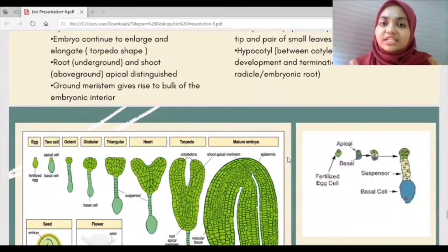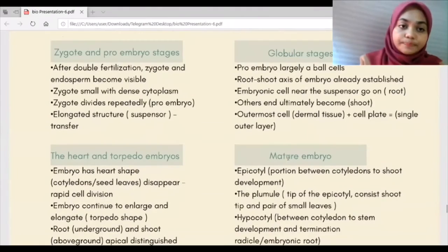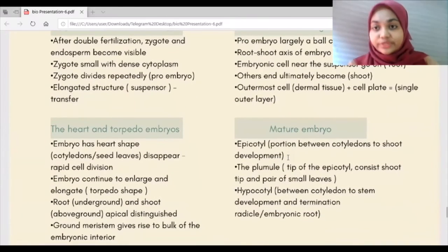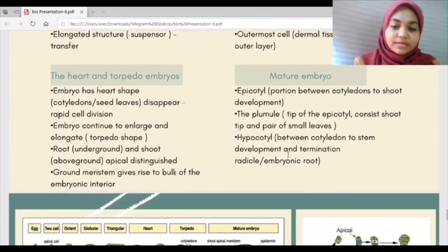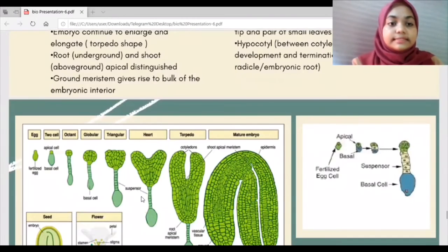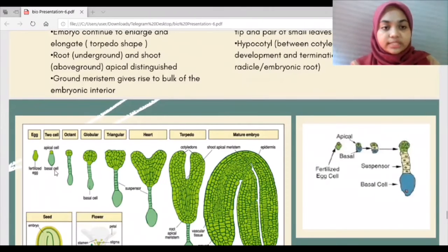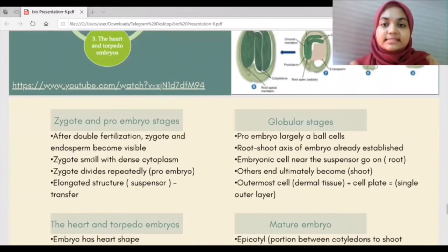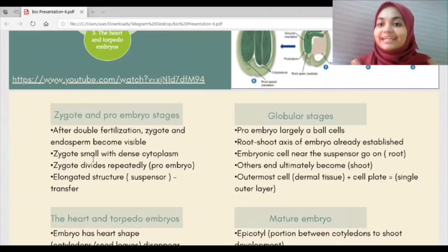The function of this suspensor is to transfer nutrients from the endosperm to the embryo. This is the egg, and then between we have the proembryo, which after dividing repeatedly gets the suspensor. Then we go to the next stage, which is the globular stage.